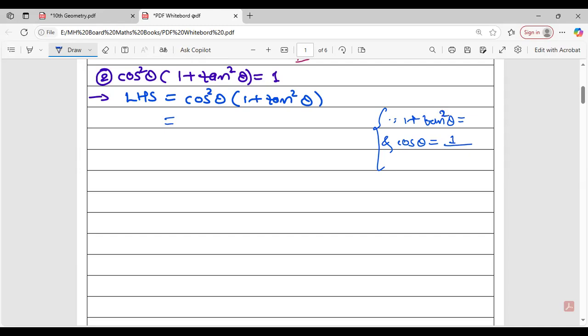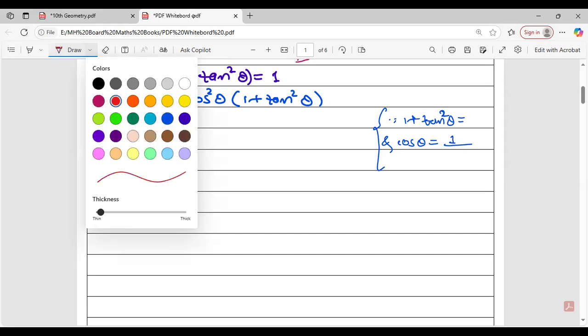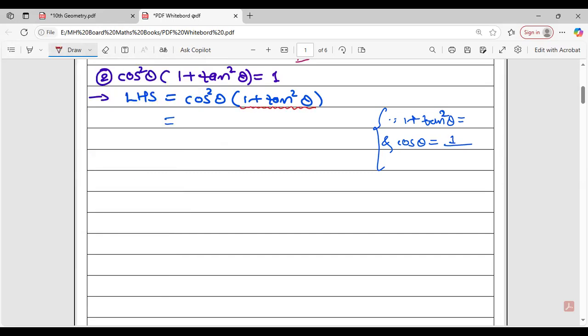I'm asking you about this. I think you have noted this formula. The identity is 1 plus tan square theta is equal to sec square theta, not sec theta. Okay, so it will be sec square theta.